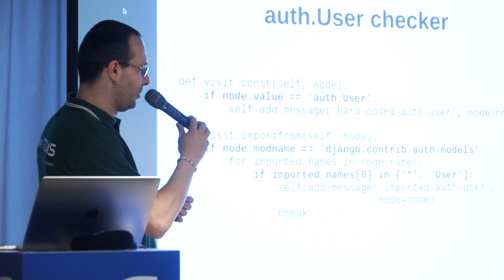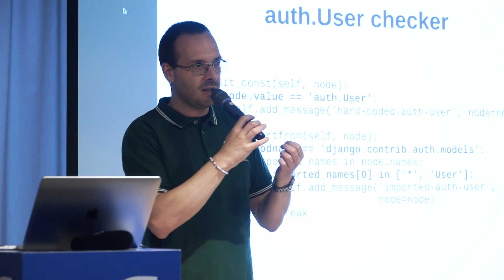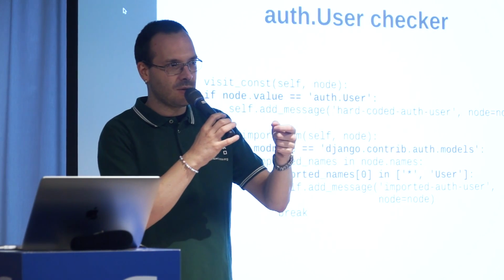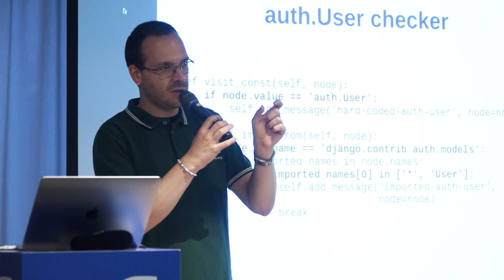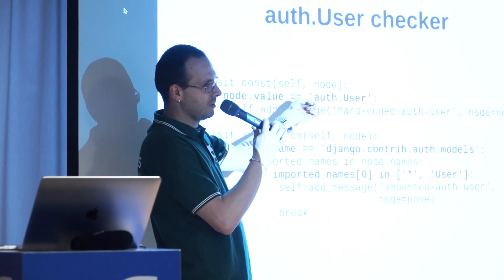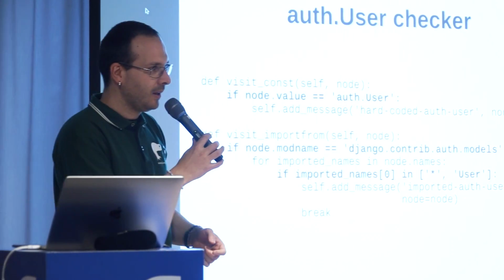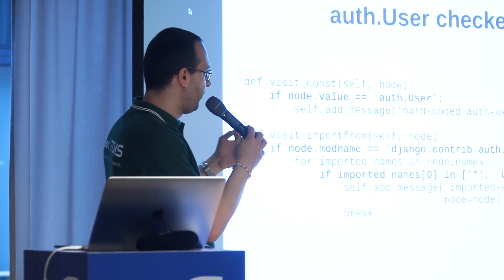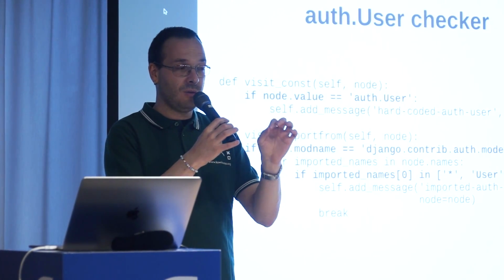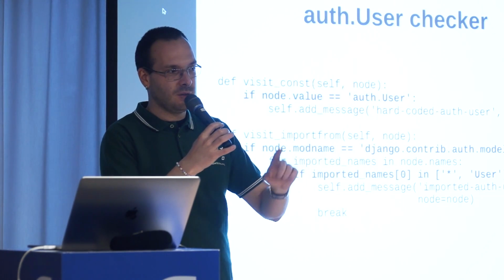And then we also do inspection of the import statements. So instead of trying to find user.objects.get and figure out whether or not what is called user in this module is this thing or something else, which can be done, but it's a lot harder, we decided if I don't import the user model in the current module, there's no way I'm going to be able to issue queries directly against this.